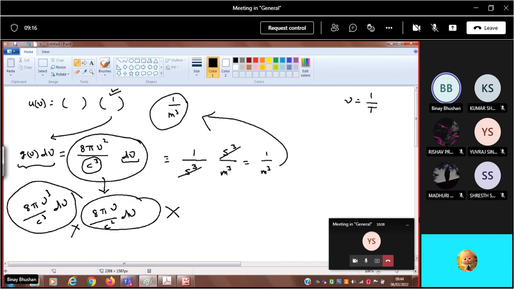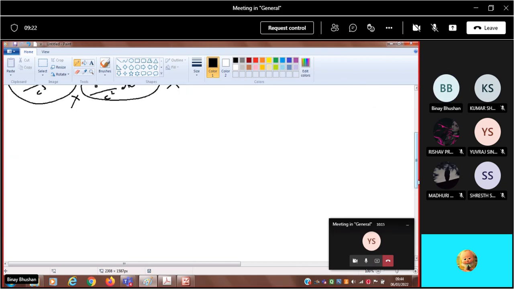Okay, so we have derived the second term. Now the first term is the average energy of an oscillator. So my expression is here now. Energy density, spectral energy density, of course, is equal to this average energy of an oscillator into the number of standing waves per unit volume in the frequency range nu and nu plus d nu.